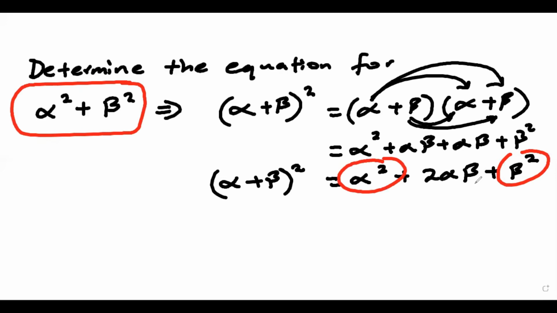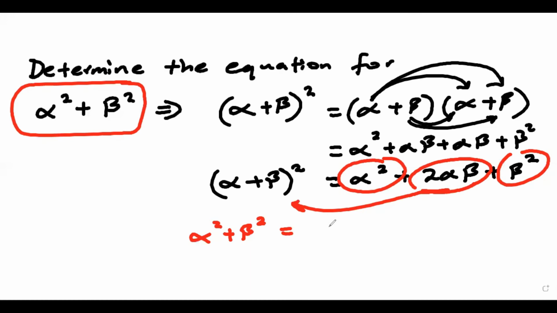So that means you're carrying over this to this side of the equation. So that means alpha squared plus beta squared is equal to alpha plus beta all squared minus 2 alpha beta. So based on what we did before, we know that alpha plus beta is equal to minus 3.